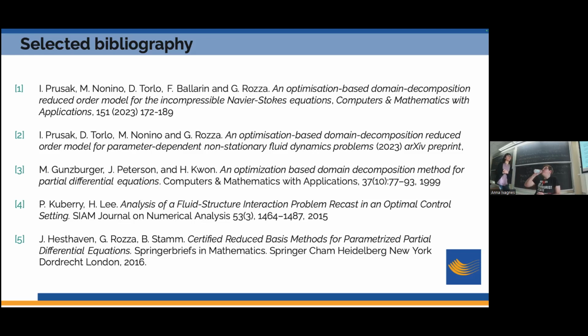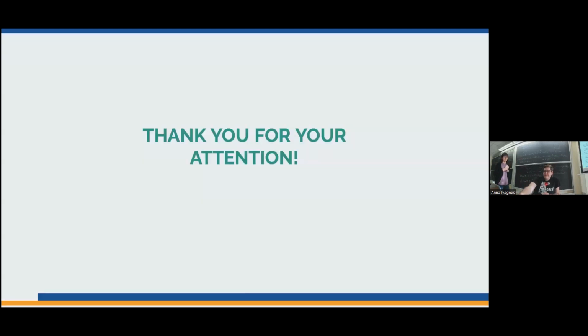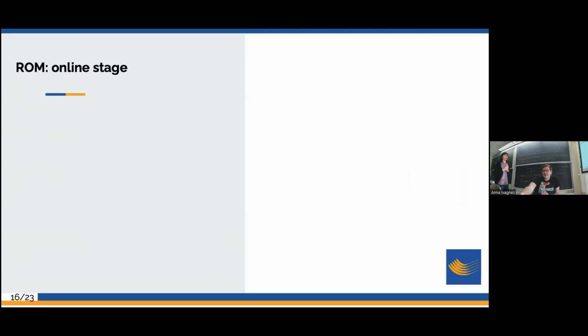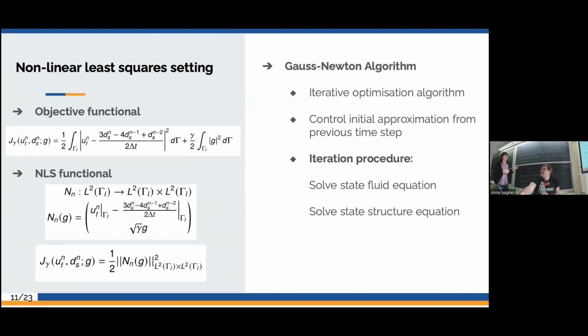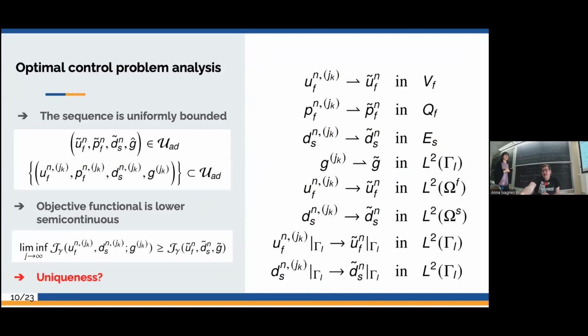Maybe I have one quick small question. I saw that for the full order model, you use first order time discretization, right? Yes, implicit. And for the reduced order model, the same, also first order. Have you tried a second order or more accurate time discretization? Not yet. For the reduced order model we use the same order of discretization in time, because we basically just project the equations.